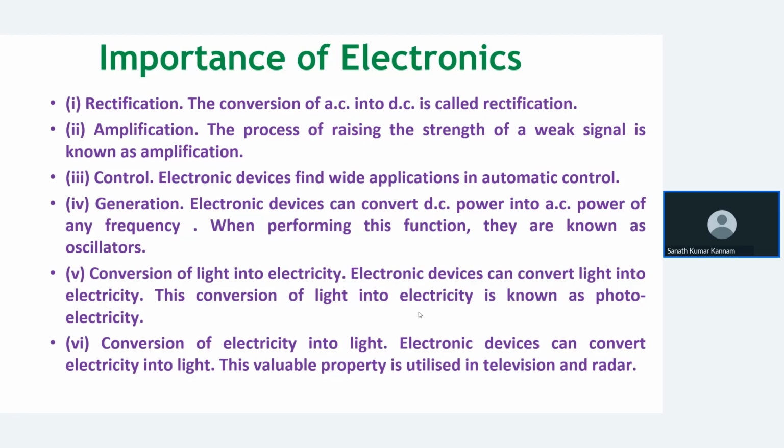We can use LEDs for indication purposes in a power supply, for example when you are charging, to show that your device is working properly. We also use them in television, where you get light in CRT or LED displays, and in radars. So we are using this conversion of electricity into light. These are some applications of electronics.